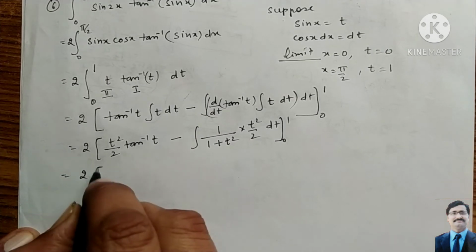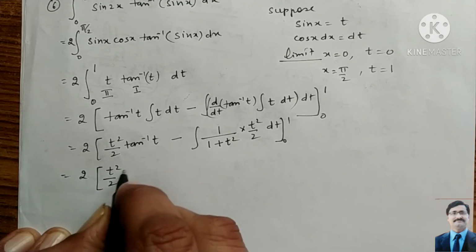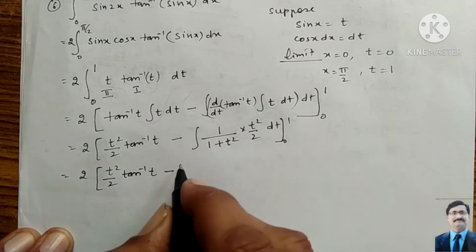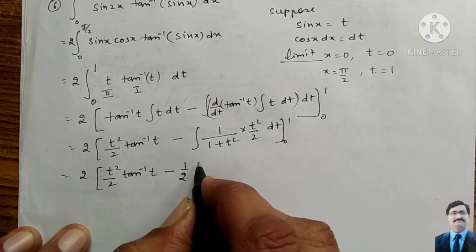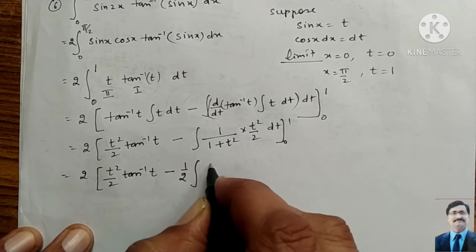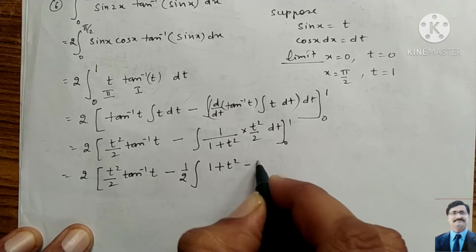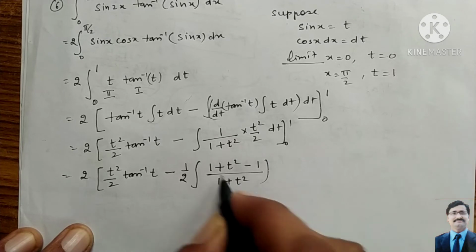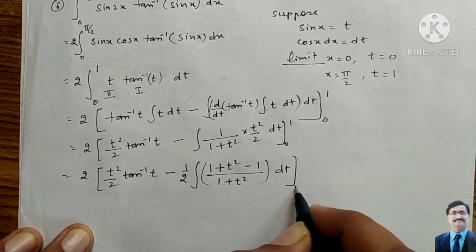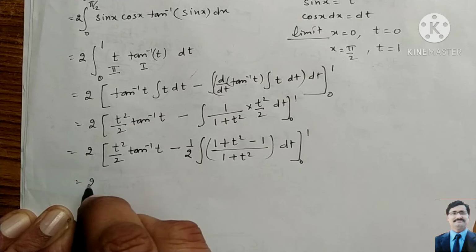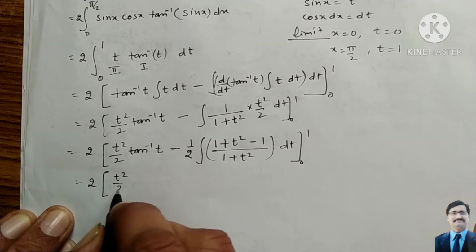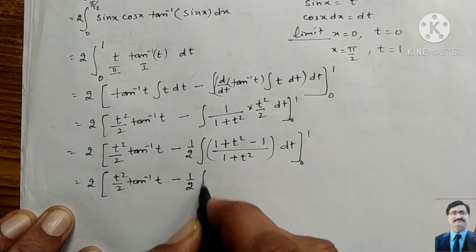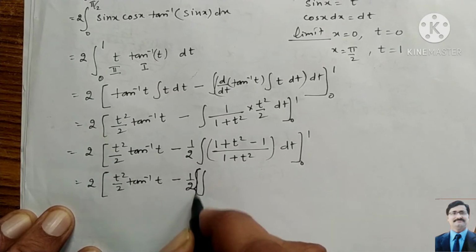Now we can write 2 and t square upon 2 tan inverse t minus, look here, this 1 upon 2 we can write outside, and here we write 1 plus t square minus 1. We add 1 and subtract 1. So it is 1 plus t square and dt, and now we do the separation. We can write 2 and t square upon 2 tan inverse t minus 1 upon 2 integral, and here we use another bracket.